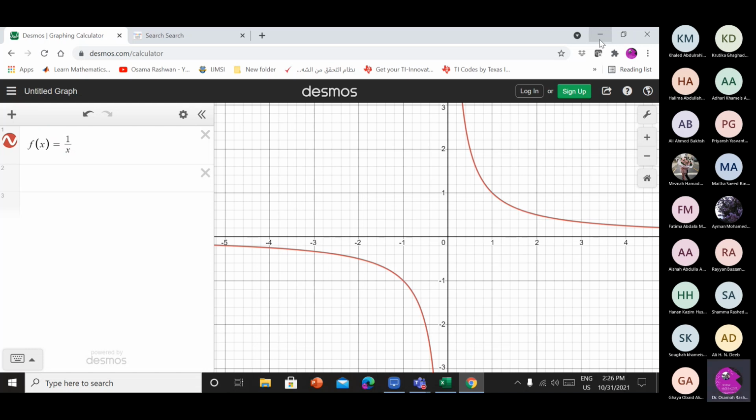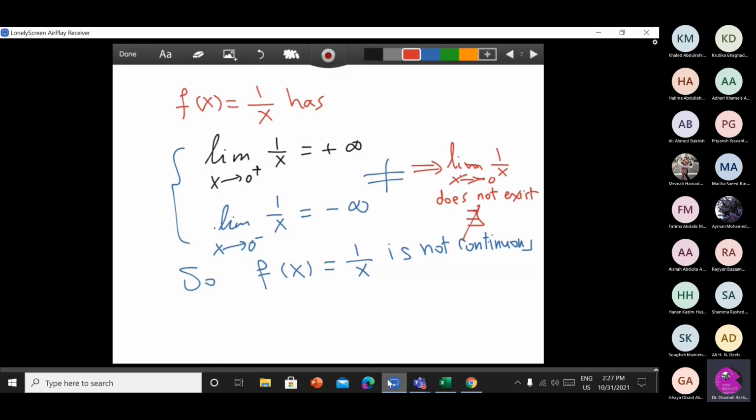Mathematically, they write it like this. If you don't like to write English, you can write this notation. So if the limit doesn't exist, your function is not continuous. The right limit is not equal to the left limit, so the limit doesn't exist, so the function is not continuous.